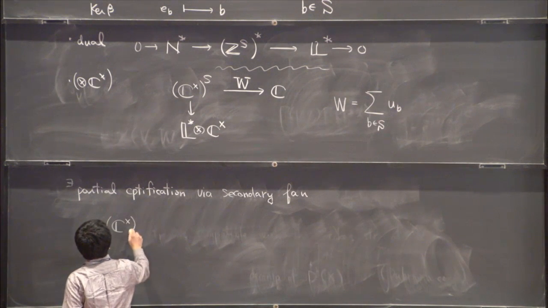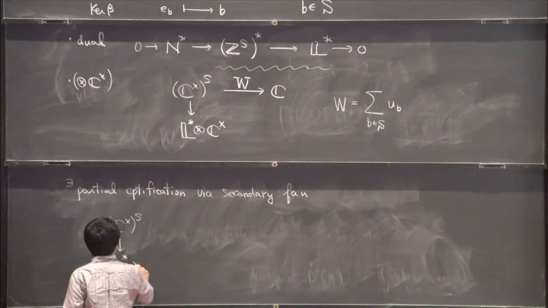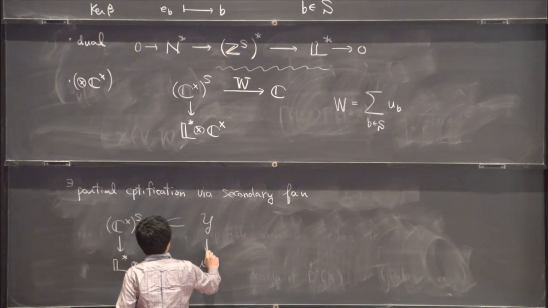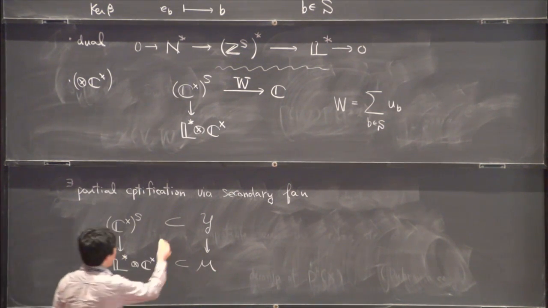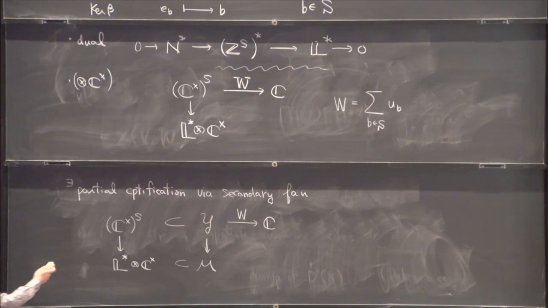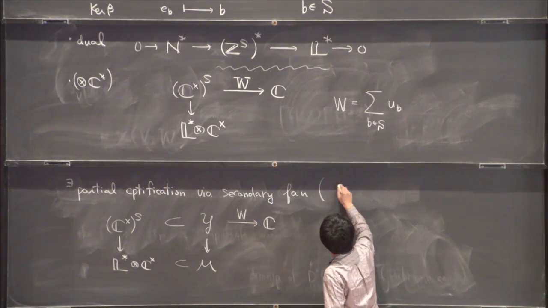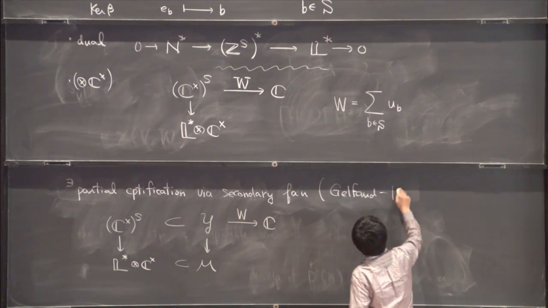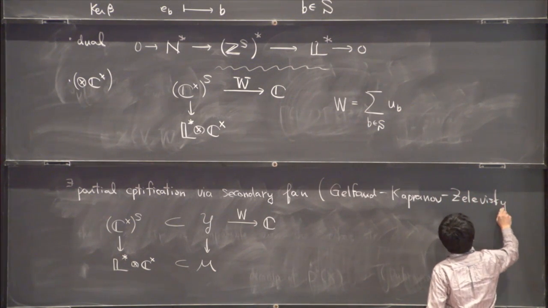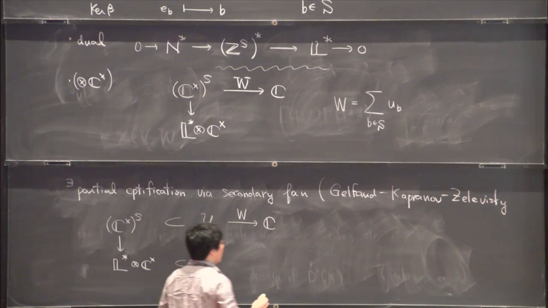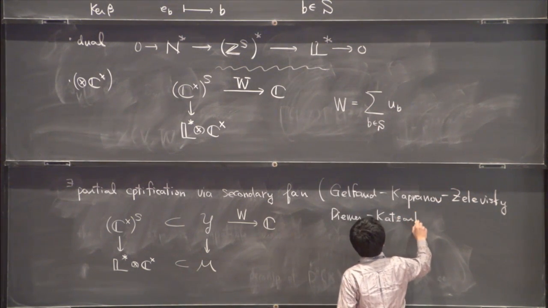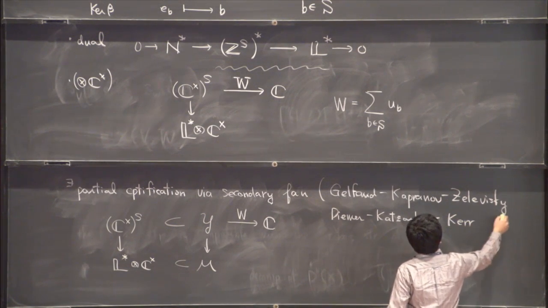So you have C star to the S mapping to L dual tensor C star, and this picture is now compactified, and the function W is also extended to a regular function on a certain space Y. This is due to Gelfand, Kapranov, Zelevinsky, and also in a more stacky situation, Borisov, Chen, Smith.